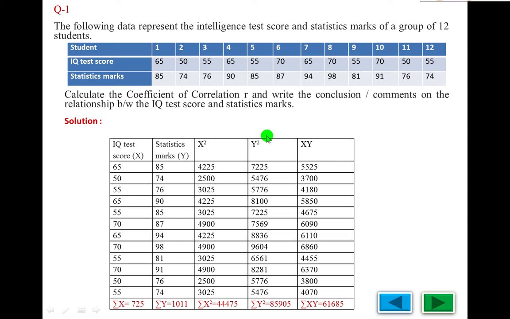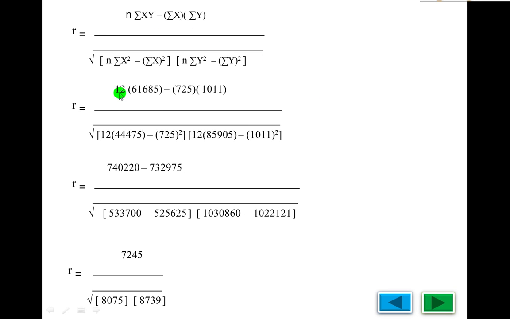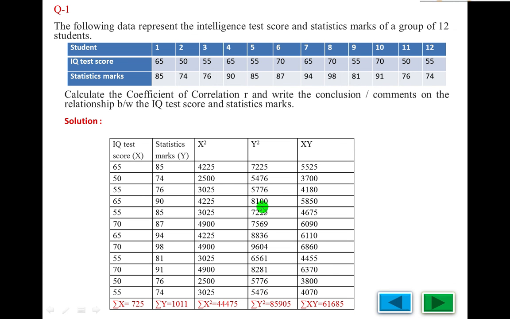The number of observations is 12, n is 12. Substitute the values of sum of x, sum of y, sum of x square, sum of y square, sum of xy. In this formula, n is 12, summation xy, summation x, summation y, divided by the square root of n is 12, summation x square, this value, summation x whole square, same as here, n 12, summation y square, this, summation y whole square.